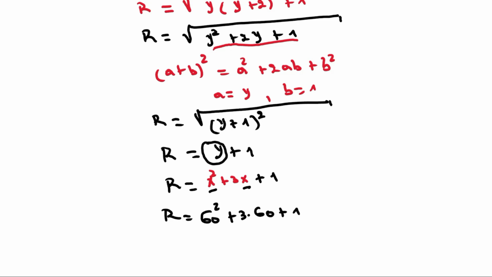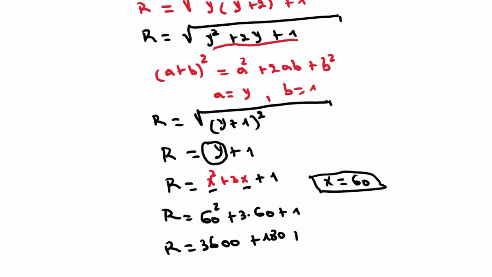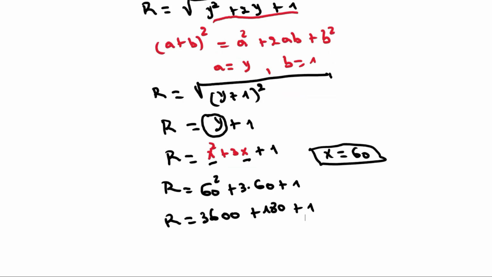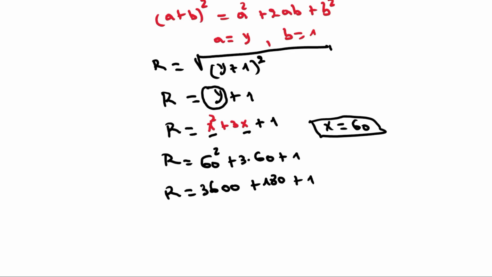So r will be equal to 60 squared, which is 3600, and then plus 180 plus 1. This is r equal to 3781, and that's it.